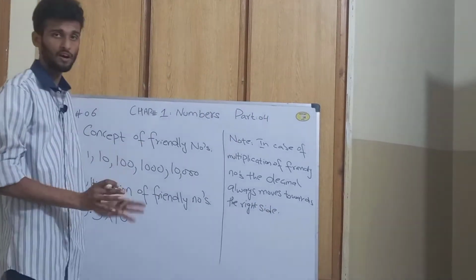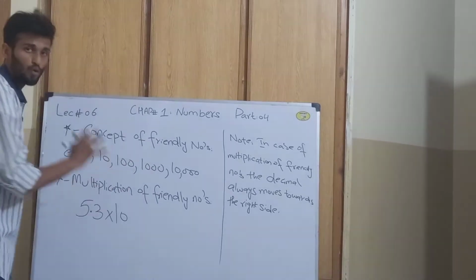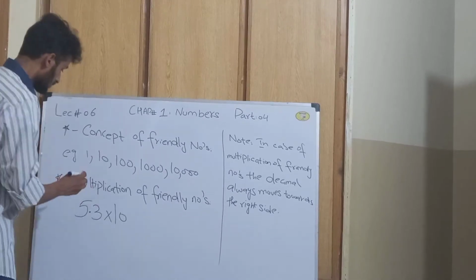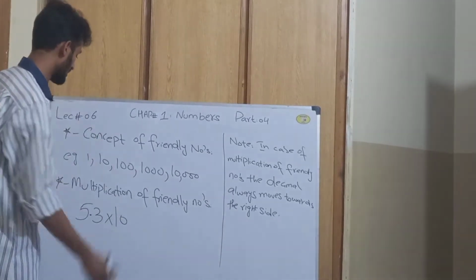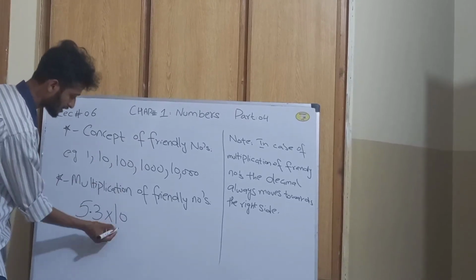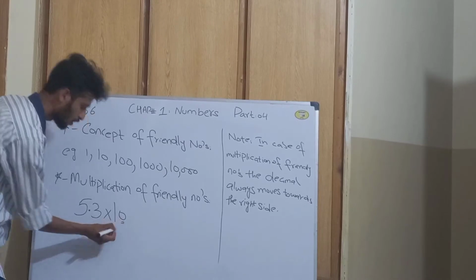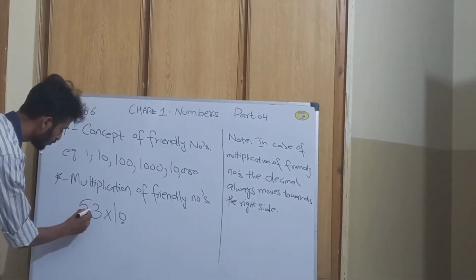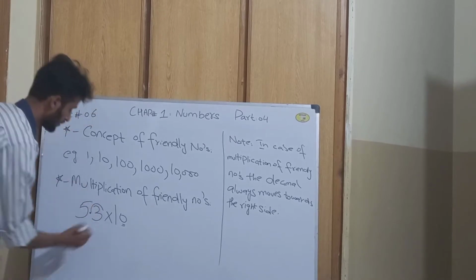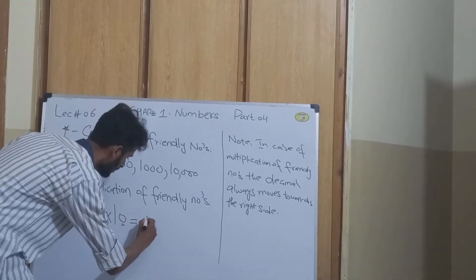Now the question arises: how many steps will the decimal move towards the right side? The steps will be equal to the number of zeros present in the friendly number. For example, here the number of zeros present in this friendly number is 1. Only one zero is present, so the decimal will move one step forward. The decimal will come towards this side and the answer will be 53.